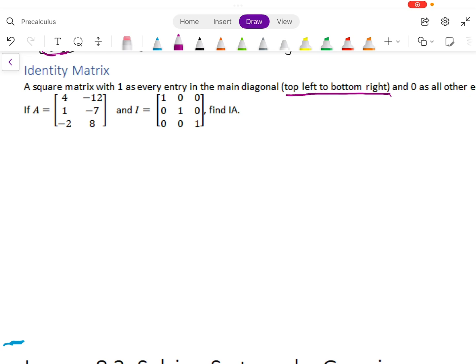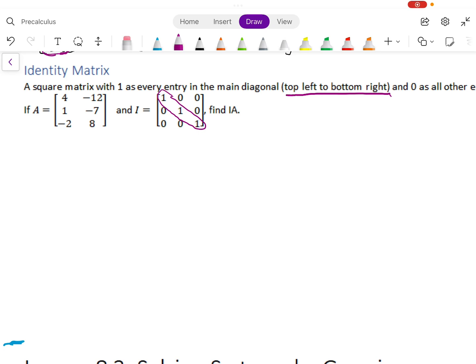If A is this matrix here and I is that matrix that we have right there, that's the identity matrix. Just like the 0 matrix could have different dimensions, an identity matrix always has to be a square matrix, but it could be a 4 by 4, a 7 by 7, and you have 1s in the main diagonal and 0s kind of in those corners.